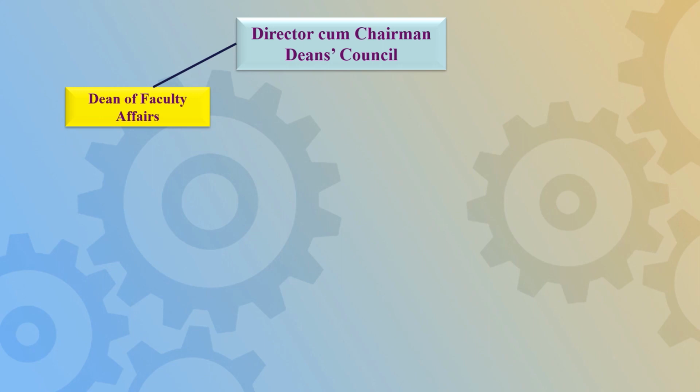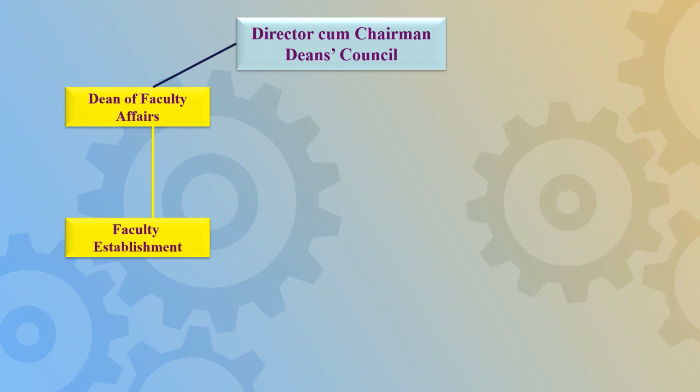Now, the Dean of Faculty Affairs has its own registry, headed by a person in the rank of Deputy Registrar, which contains all the personal files, everything related to faculty, starting from advertisement, recruitment, selection, then promotion, etc., up to retirement. So nothing goes to the registrar's office.